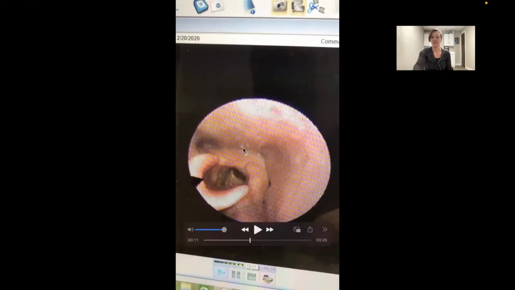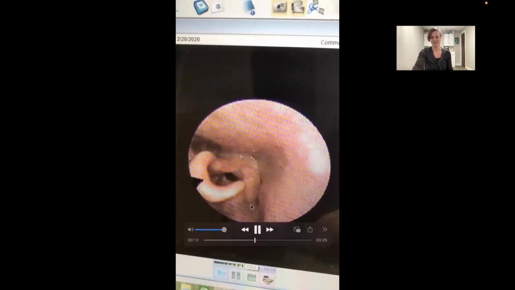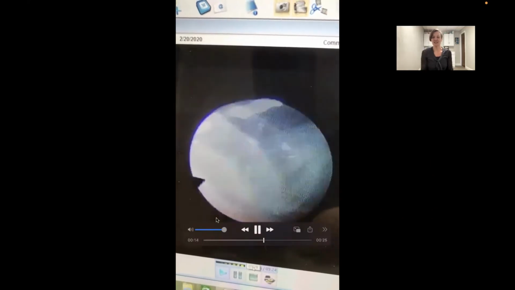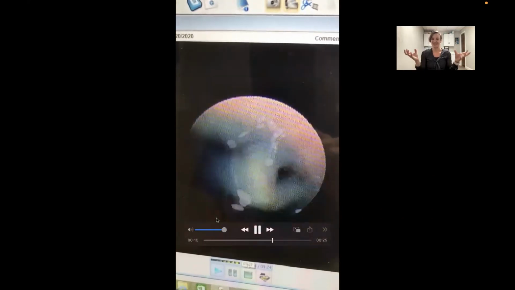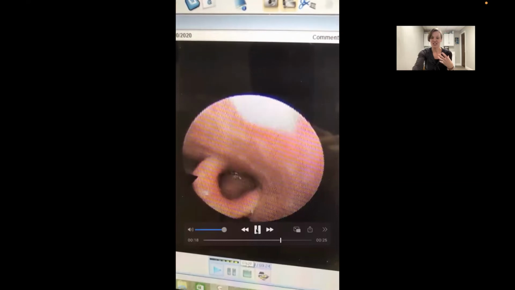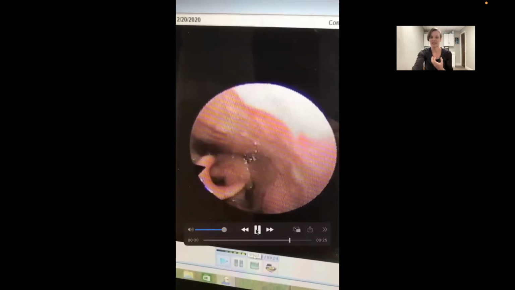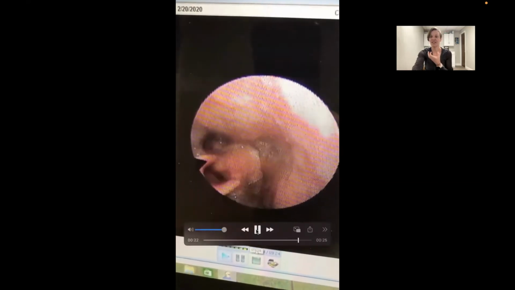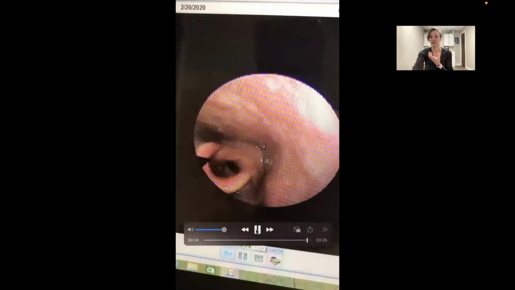I have a little tiny trace amount of blue liquid located in the piriform sinus and just trace upper esophageal sphincter. Normal, right? So what's going to happen though is watch as my patient collects the bolus just above the epiglottis within the vallecular space.